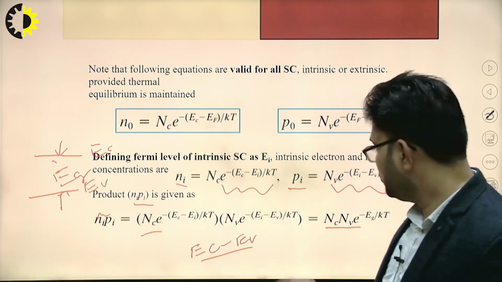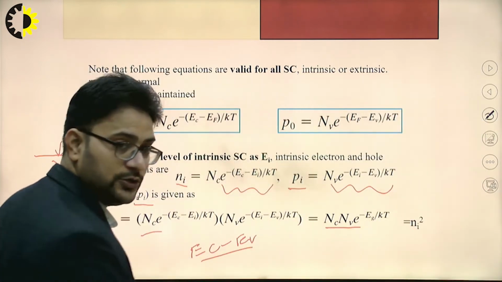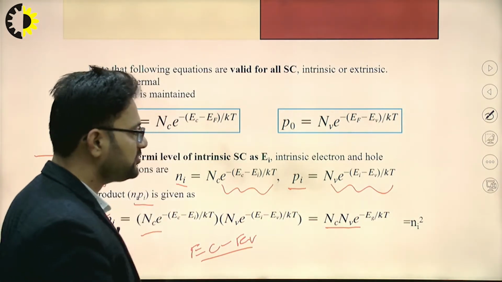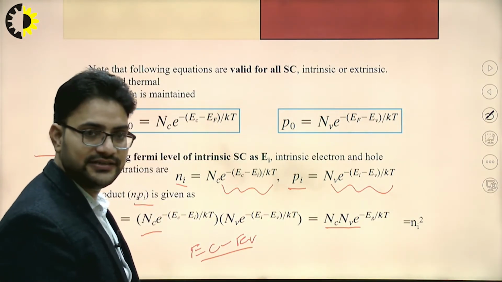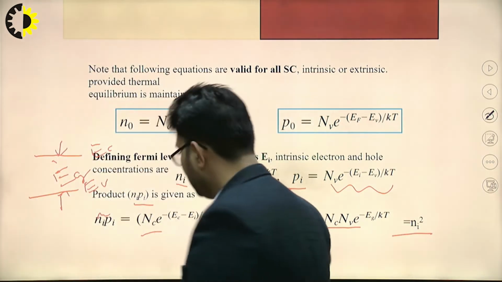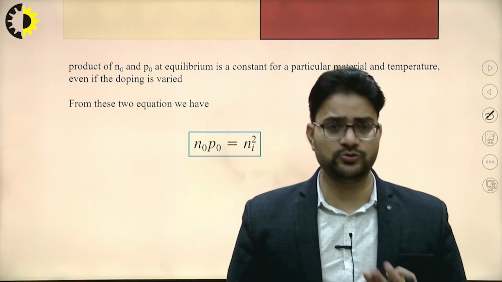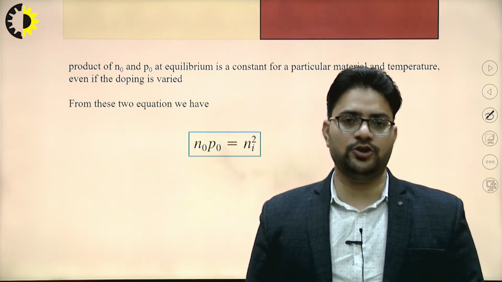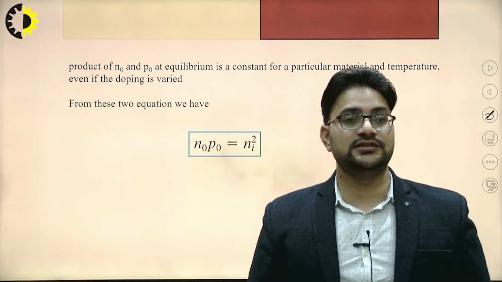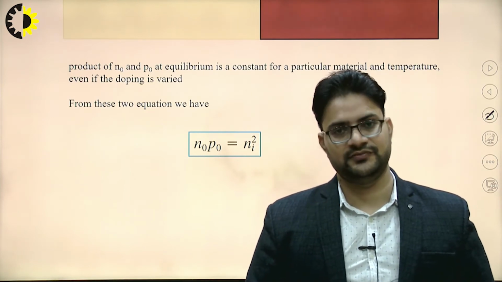So in this way we can say that Ni into Pi will be equal to Nc into Nv e raised to power minus Eg divided by Kt, which is equal to Ni square. What can we conclude from this? We can conclude that the product of N naught into P naught at the equilibrium state is always a constant for a particular material and temperature.